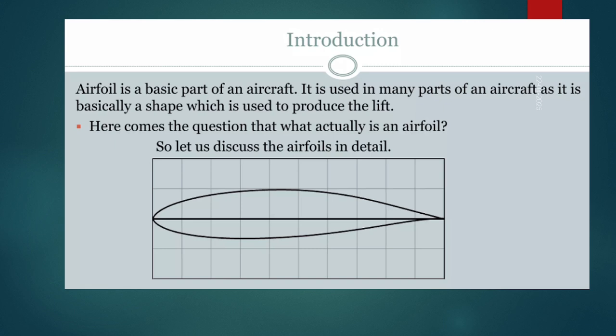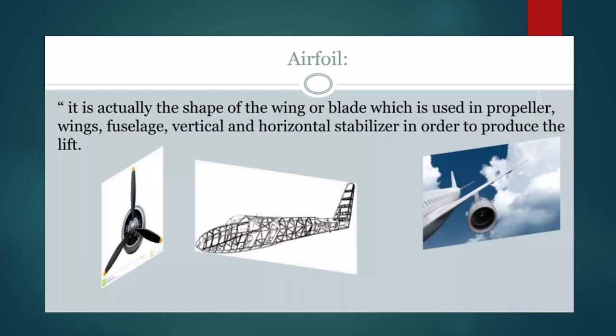You can see here the structure of the airfoil. We'll be looking at the different parts and nomenclature of this airfoil in detail in upcoming slides. You can observe the airfoil shape here. It is the shape of a wing or blade which is used in a propeller.